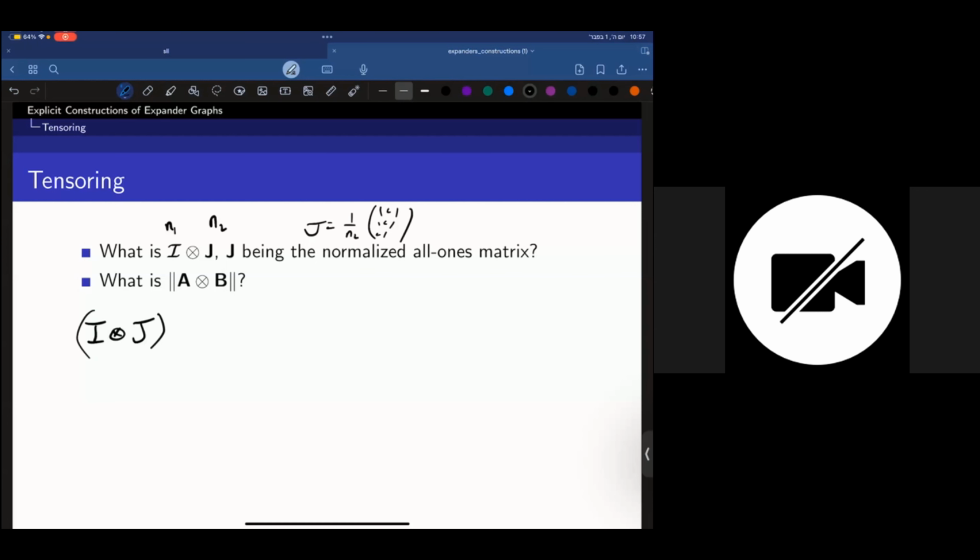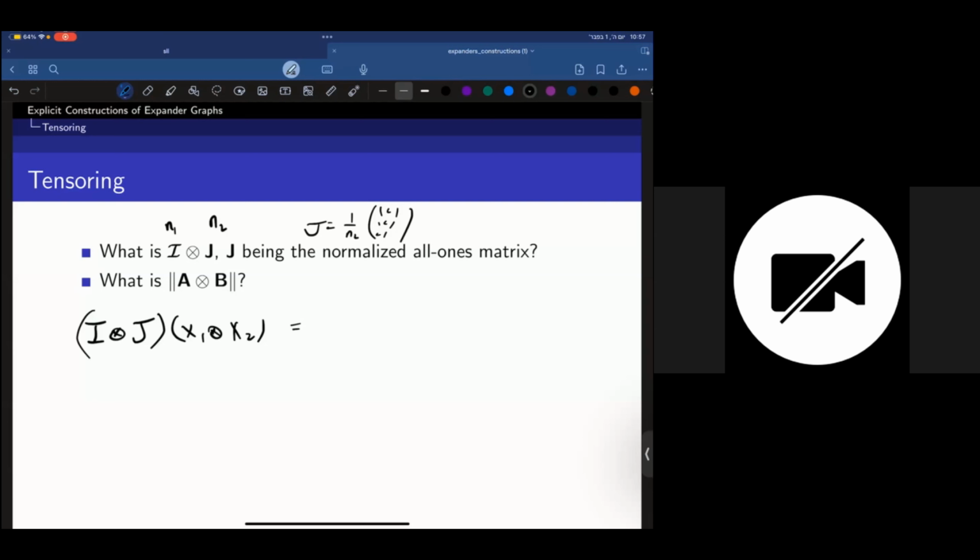What will happen to a vector? You should think of it as an operator, so you answered my question, but operating on a vector, what will happen? X1 and J affect X2.